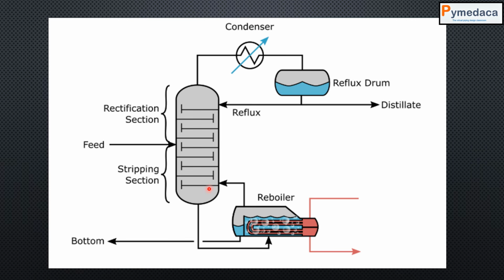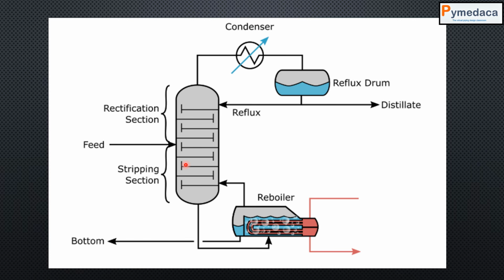And for the services that need to be reheated, the liquid is brought out from the bottom of the column, reheated in the reboiler, and then sent back to the column, so that the column will have sustained temperatures. So all these things are happening in the columns.